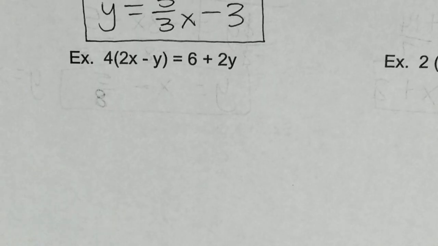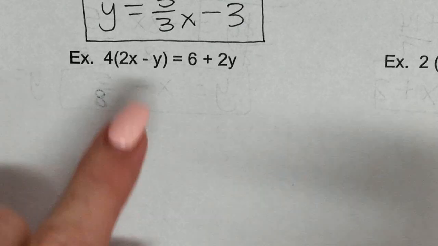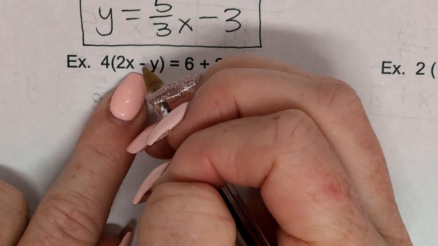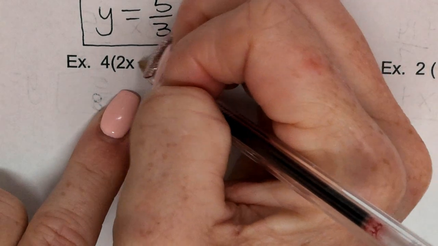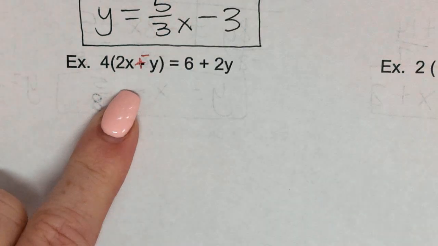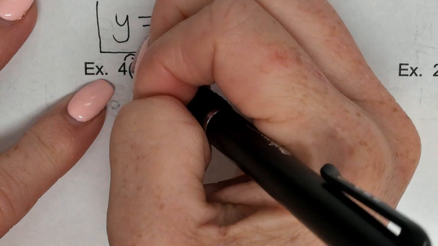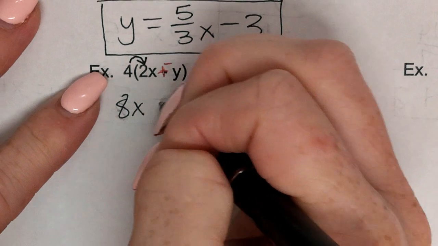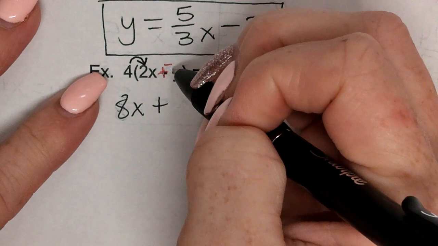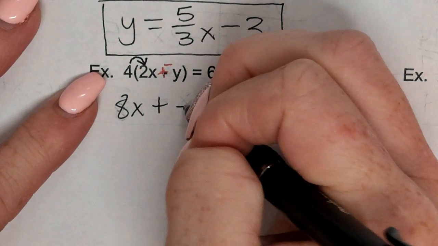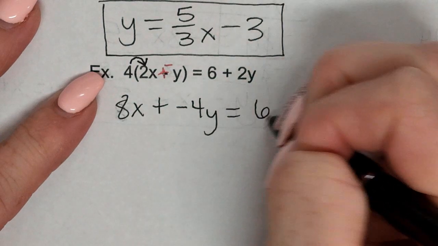Distributive property. Okay, what am I going to do first before I do distributive property? Change. So I have 4 times 2x, which is 8x, plus 4 times negative y is negative 4y.